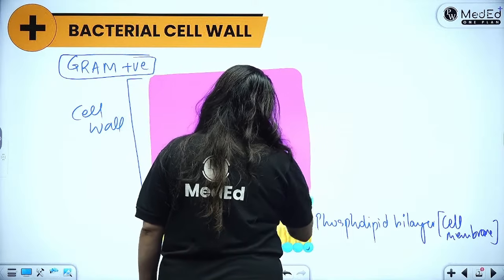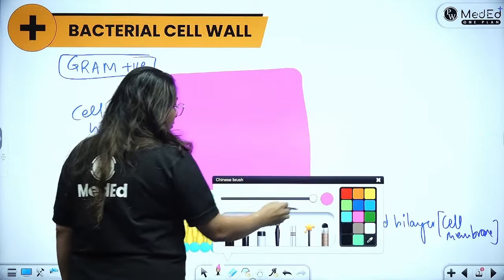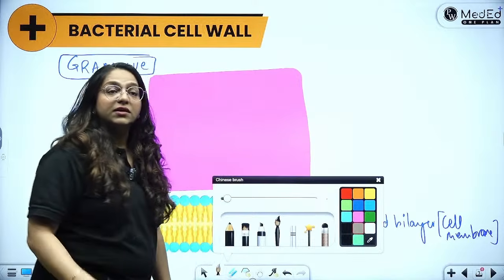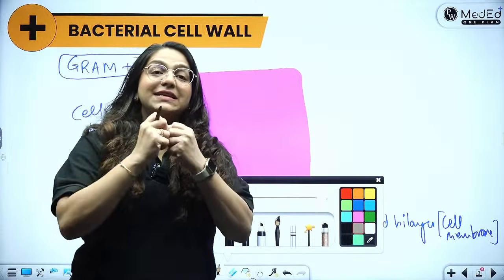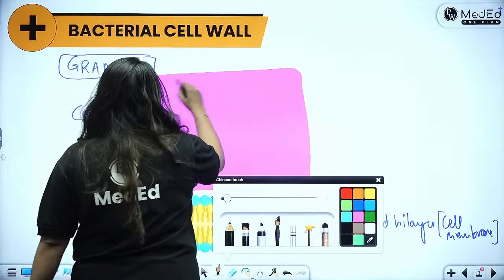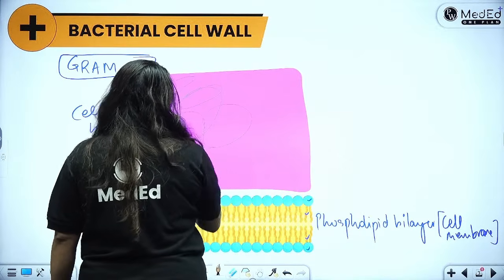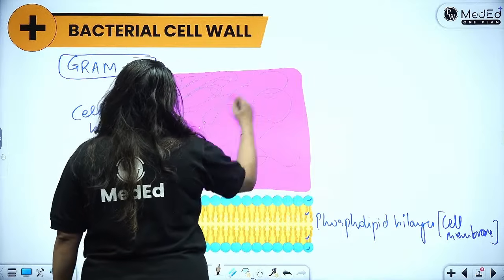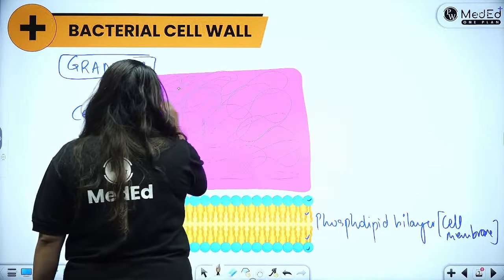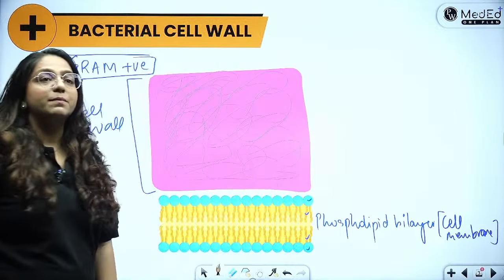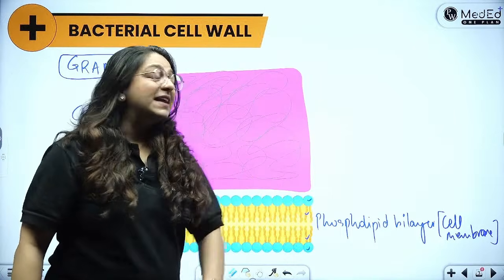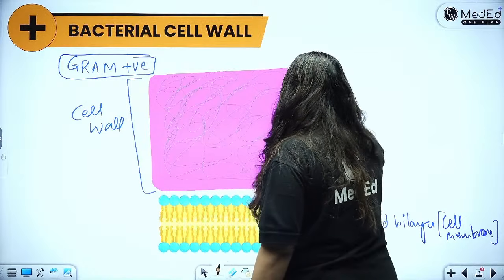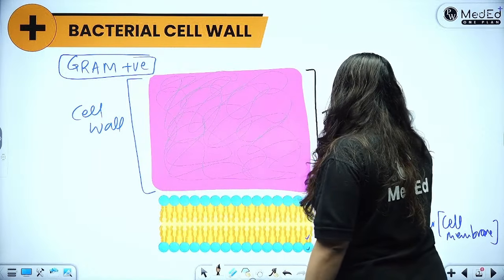Because they have this very thick and complex peptidoglycan layer, in which your primary stain, the crystal violet, gets entrapped along with the iodine and cannot come out. Therefore, even after decolorization, you have the blue color retained inside the cell wall, right? So the cell wall is majorly comprised of nothing but a very complex and very thick peptidoglycan layer.